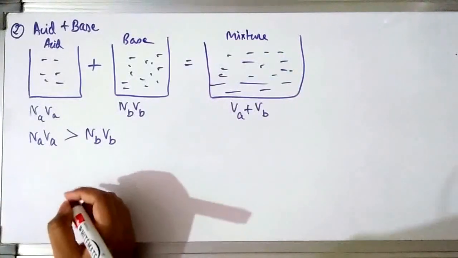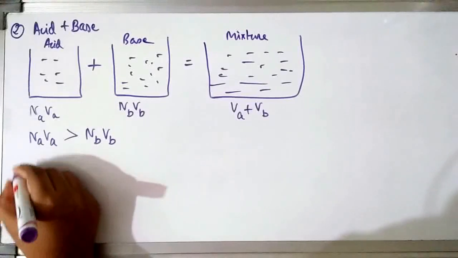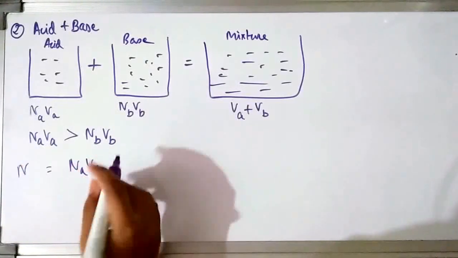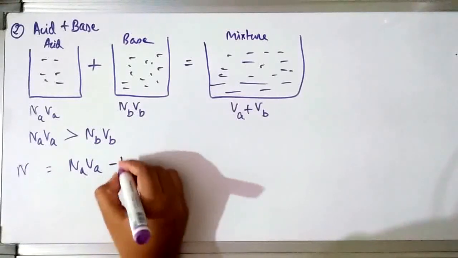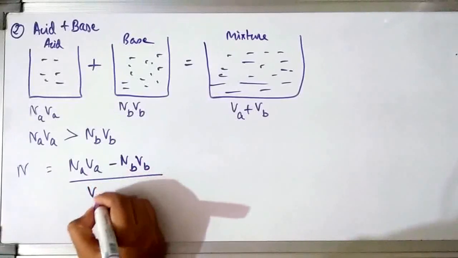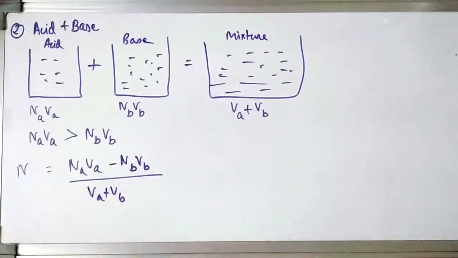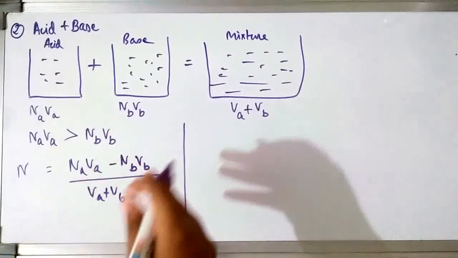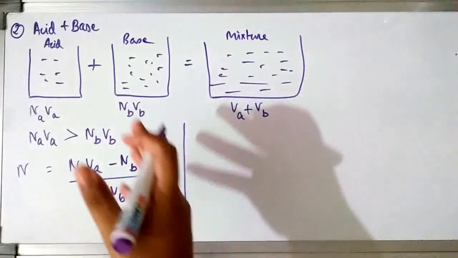So in that case, your mixture's normality will be NaVa, the greater one, minus NbVb, by Va plus Vb. This is only in the case where the gram equivalents of acid are more than the gram equivalents of base.